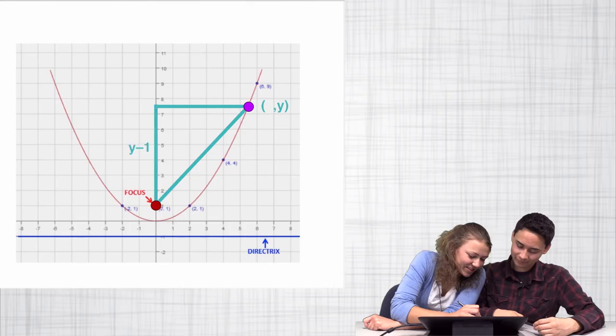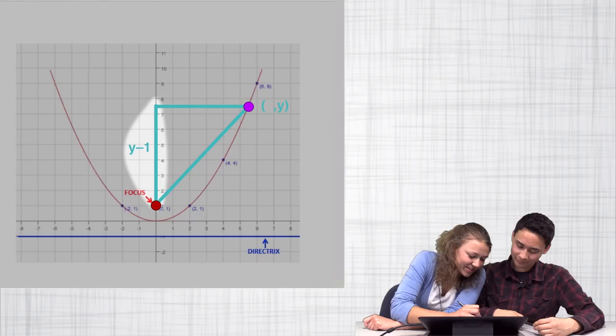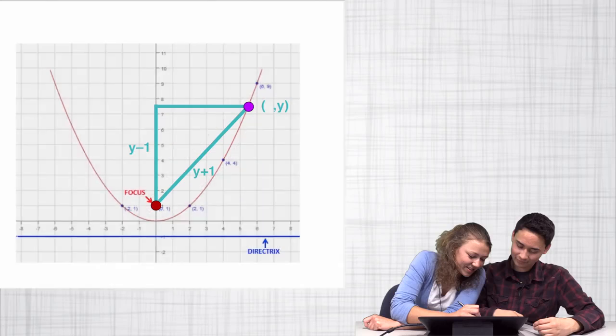So Sasha and Keoni have figured out that one side of the right triangle is y minus 1 units long, and the hypotenuse is y plus 1 units long. In the next episode, they use this information, along with the Pythagorean theorem, to find the missing length of the right triangle. This length will tell them the x value of the general point on the parabola.